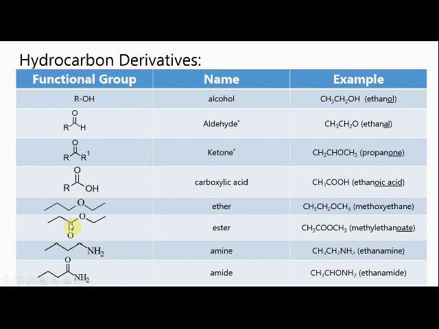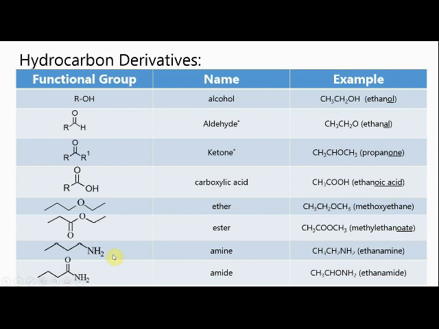The long end includes the carbon that's attached to the double bonded oxygen. In this example, there's only two carbons. So this would be the methyl, the attachment or prefix, and then the root would be ethan, and the suffix is oate: methyl ethanoate.